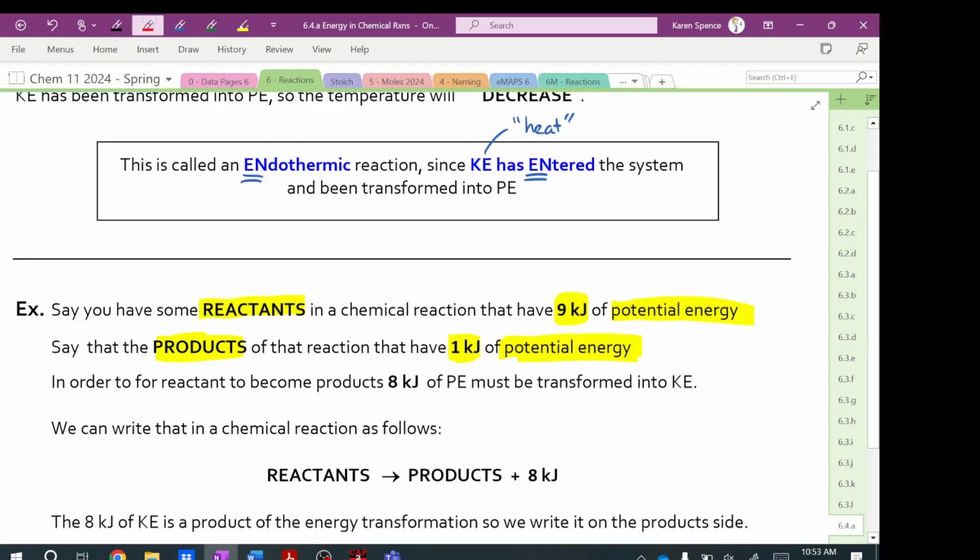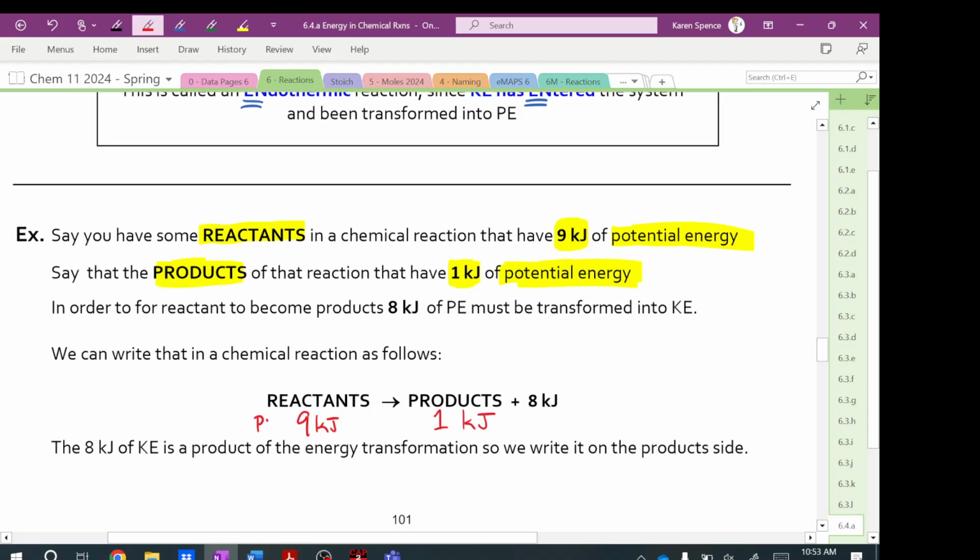So in order for us to go from 9 kilojoules to 1 kilojoule of potential energy, what has to happen? How do we go from 9 kilojoules of potential energy to 1 kilojoule of potential energy?